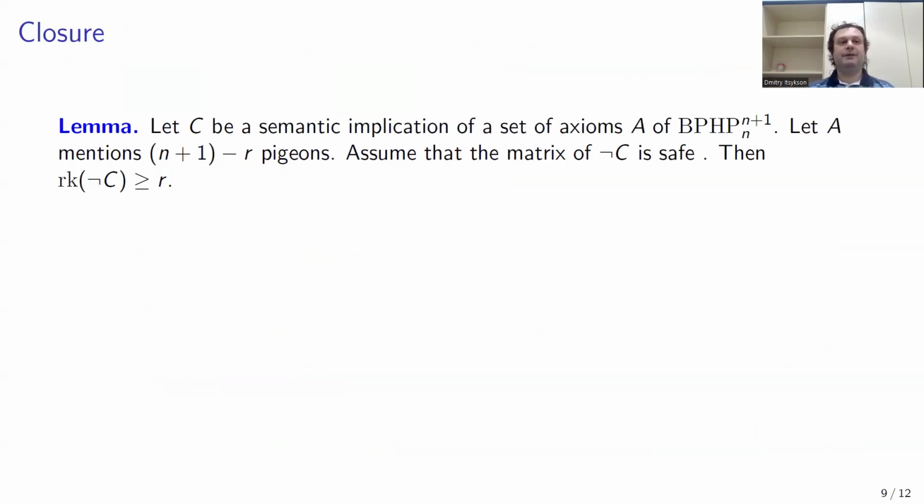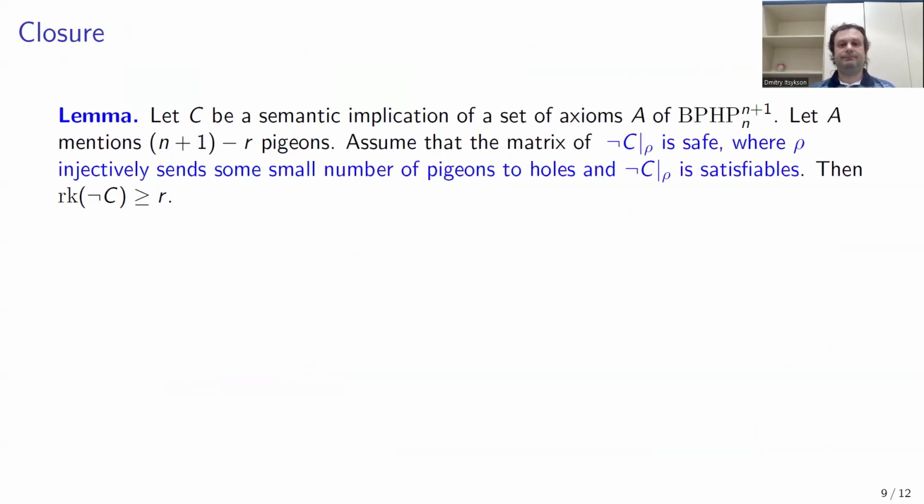Namely, we assume that there is a partial assignment that assigns a small number of pigeons to different holes, such that the application of this assignment to the negation of C is satisfiable and has a safe matrix. It is easy to see that the argument works well in this case too, because this assignment injectively serves some set of pigeons.